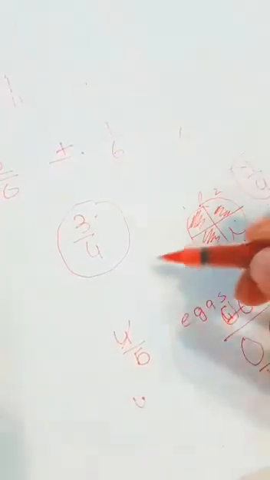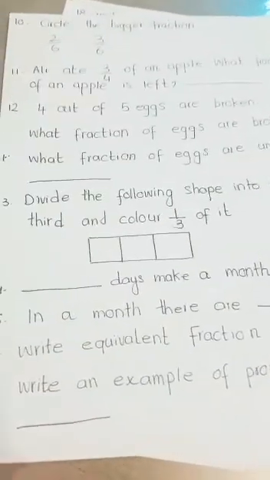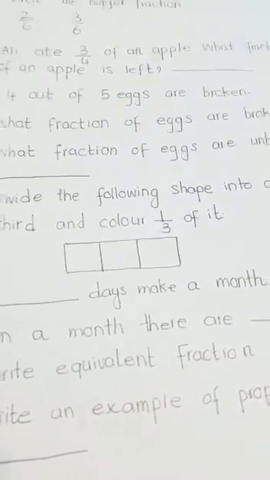So obviously 4 eggs are broken. The broken one is 4 out of 5, and unbroken is 1 over 5, which is left, which was this egg.